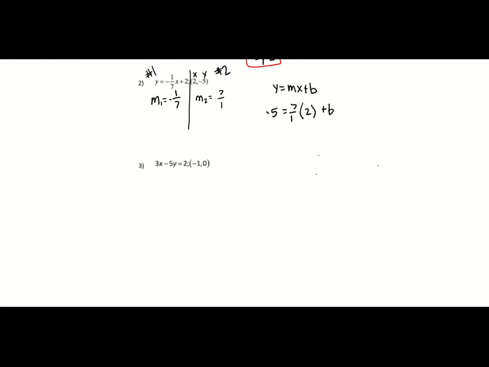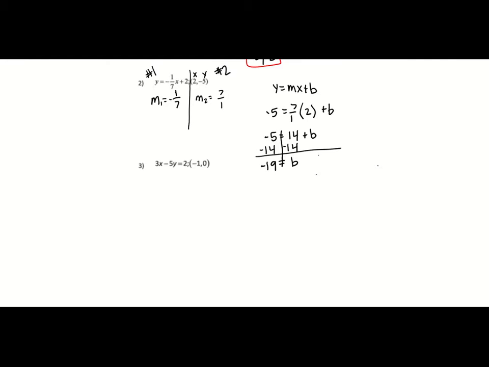That's what I'm trying to find. So now I get negative 5 equals 14 plus b. Minus 14 on both sides. Negative 5 minus 14 is a negative 19. And that is equal to my b.